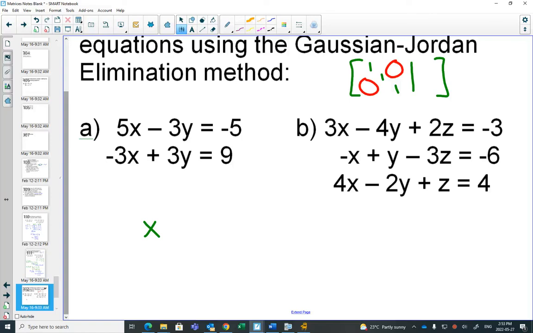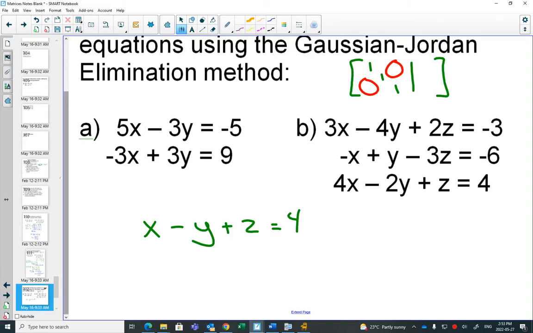But I would say if you ever have a 1 in front of the x, wherever that equation is, you should write that one first. So if I have x minus y, let's see, what should I do as my numbers? Oh, yes, perfect. Plus z equals 4.